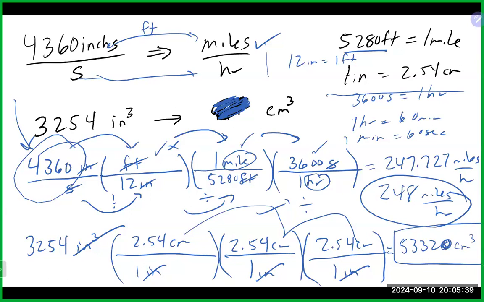Could you also show the work like this, which is 3,254 inches cubed, 2.54 centimeters is 1 inch cubed? You absolutely could, but in my experience, most people never actually do that number 3 times. They just put a cube on the units and don't actually do the calculation.